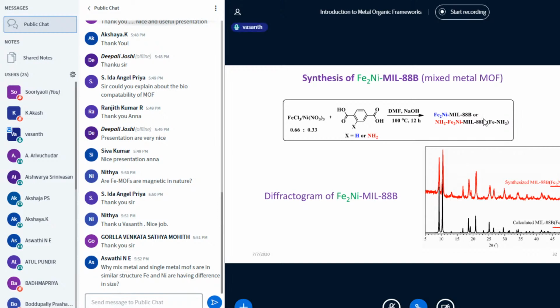I have to inform you of one more thing: if I prepare it with only nickel, I will not get a similar structure. Only when we substitute one nickel instead of one iron do we get it. If we substitute two nickel instead of two iron, the structure is not retained. I think I have answered Ashwati's question.